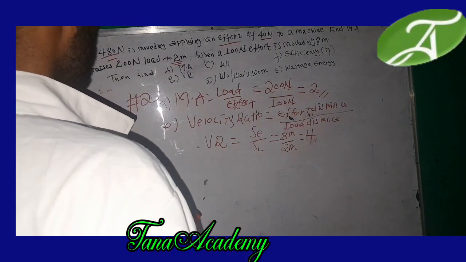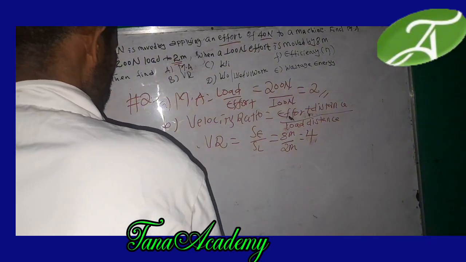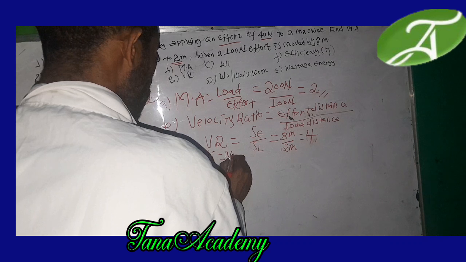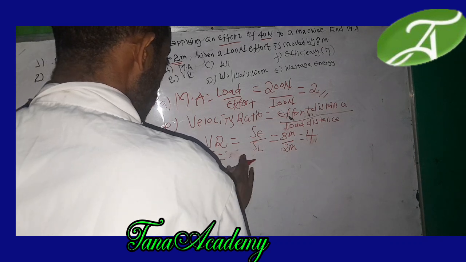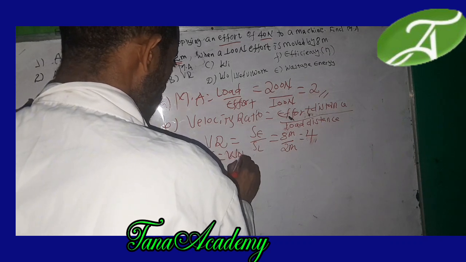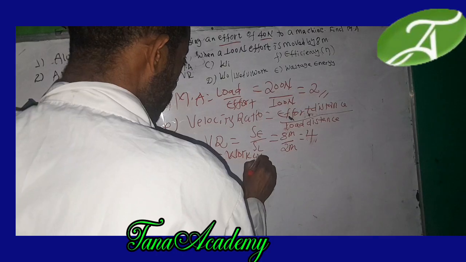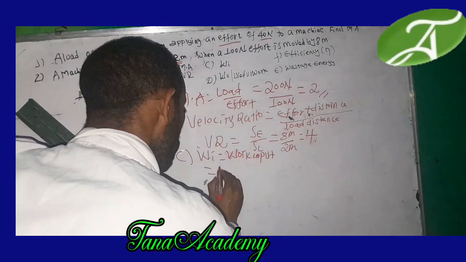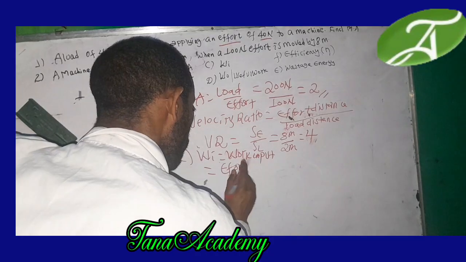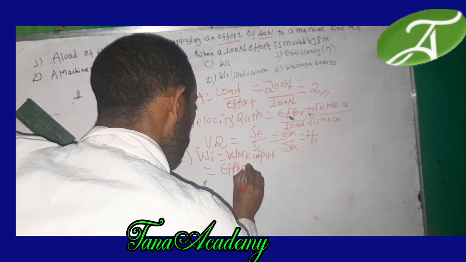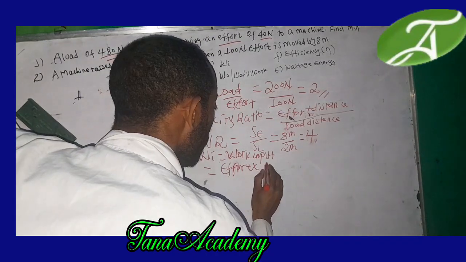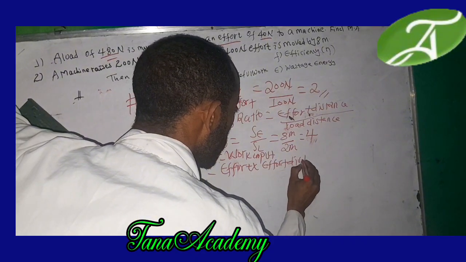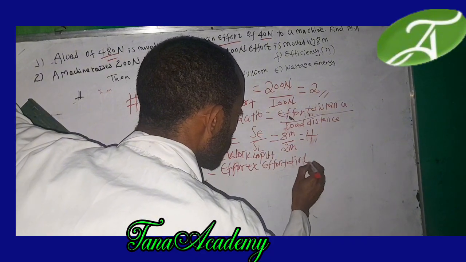Okay. C. WI, or work input, or input work. Work input is equal to effort times effort distance.